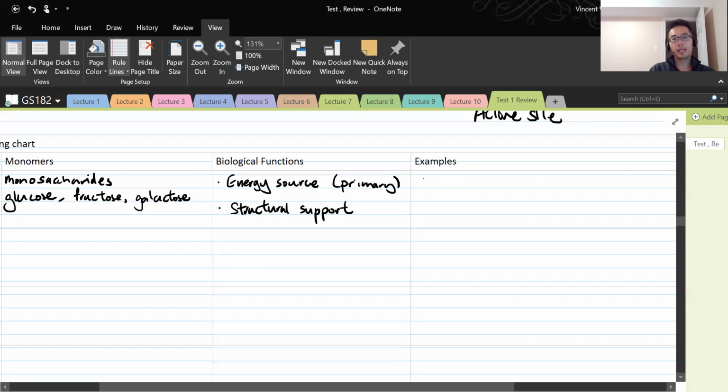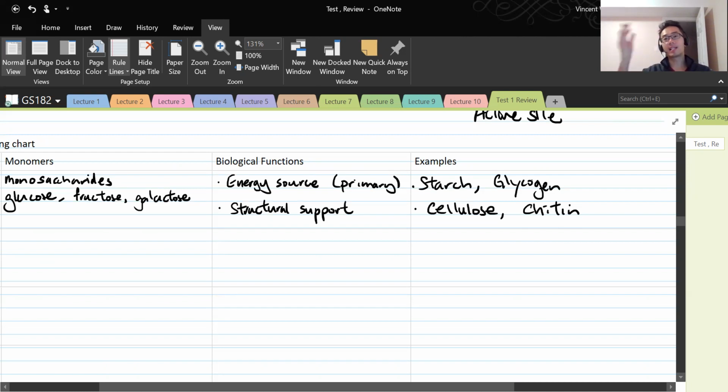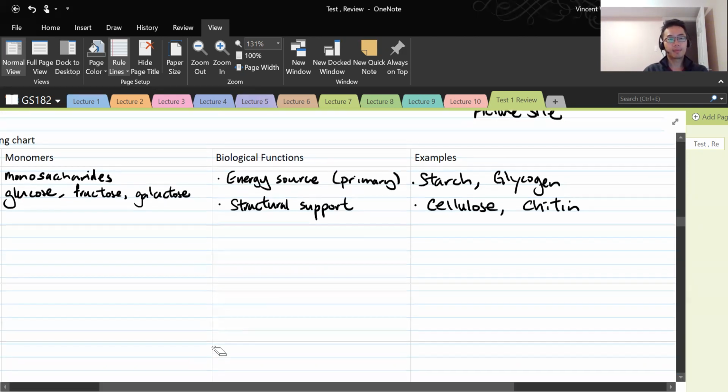So examples would be starch, glycogen. Right? So these are storage forms of energy. Structural support would be things like cellulose. And we also talk about something called chitin, which forms the exoskeleton of insects, for example.